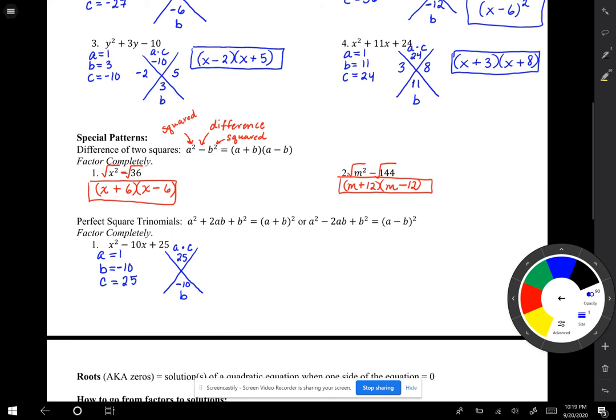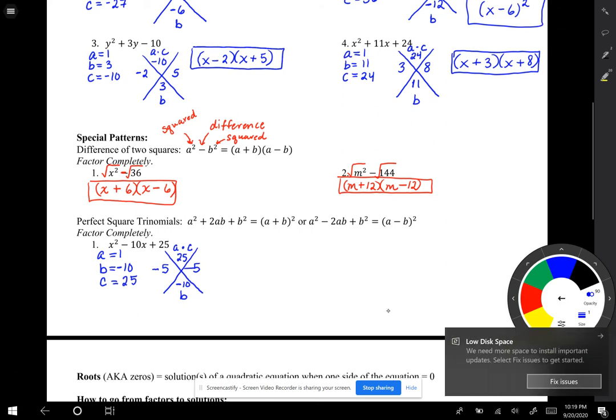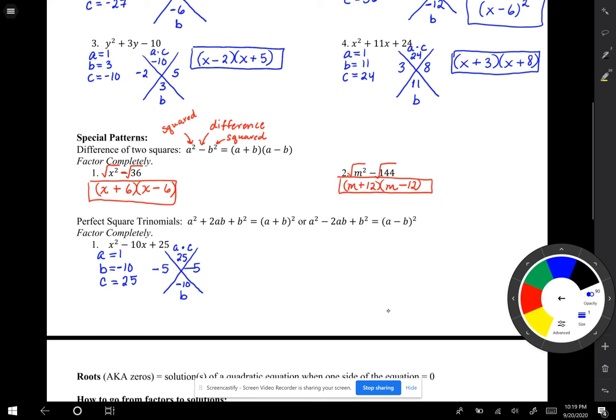Okay, hopefully you will know by the name. It's called trinomial because there's 3 terms. I'll tell you how you get the name perfect square. So 5 and 5, 5 times 5 is 25, but 5 plus 5 is not negative 10. However, here we go. So our answer is x minus 5 times x minus 5.